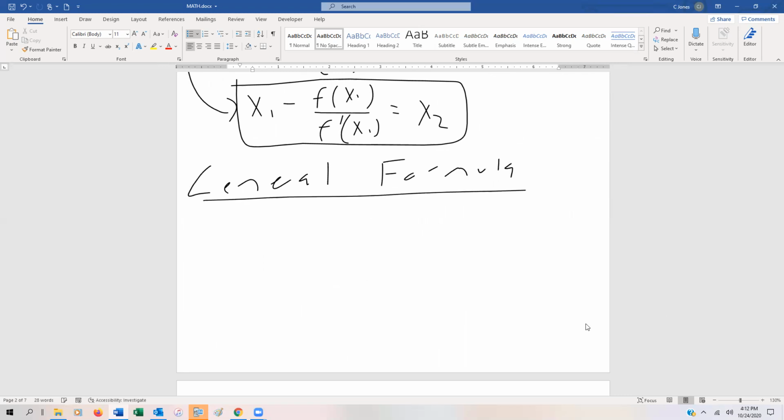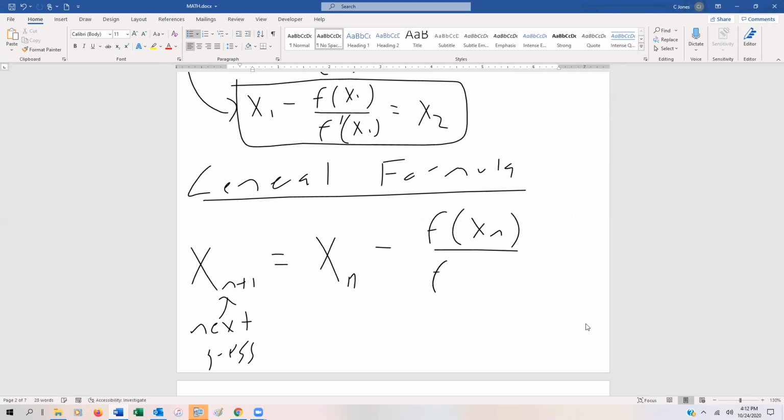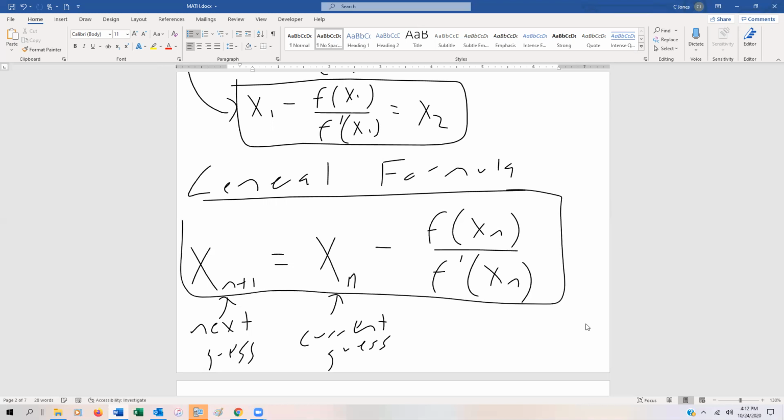The next guess is equal to the current guess, xn, minus f at xn divided by f prime at xn, where xn is the current guess. This is Newton's method, our general formula.